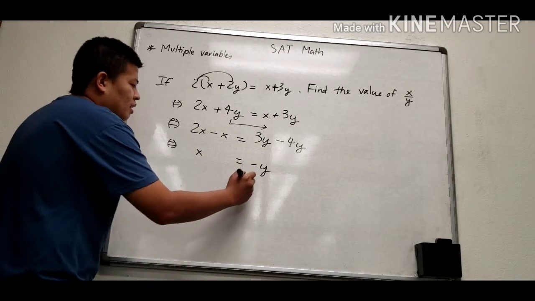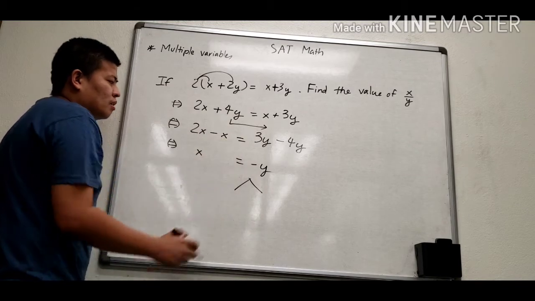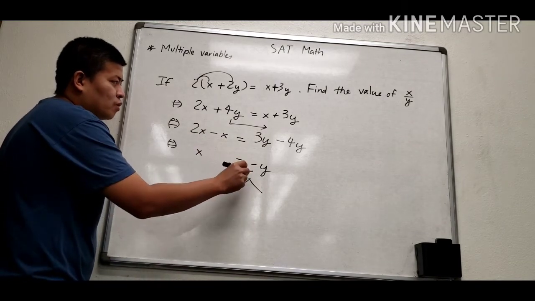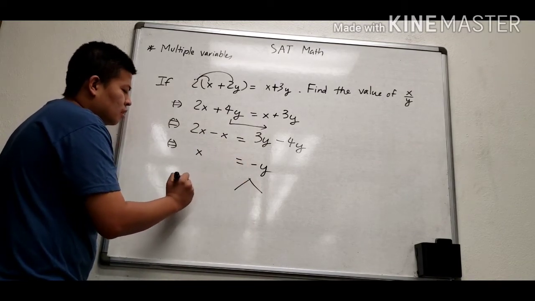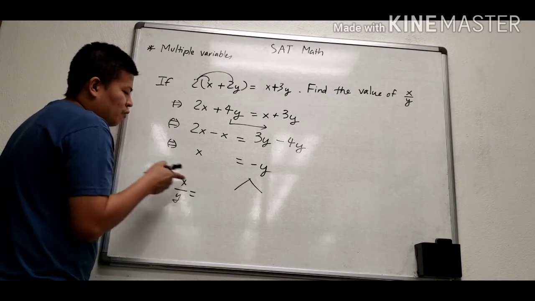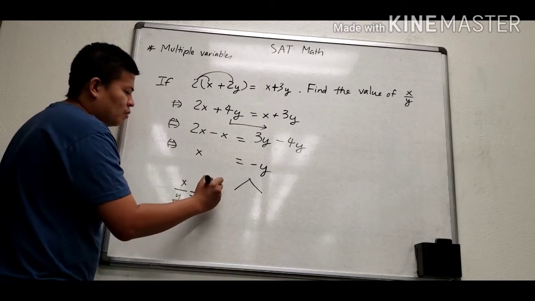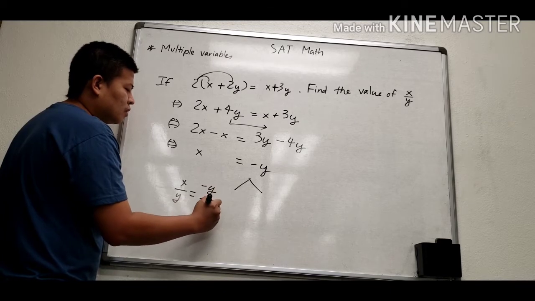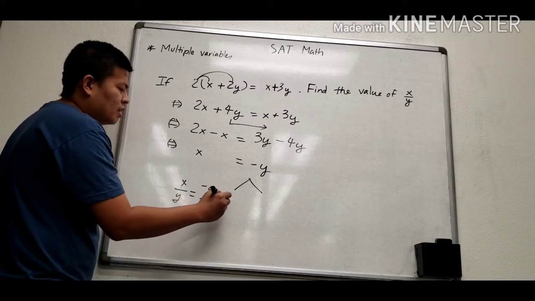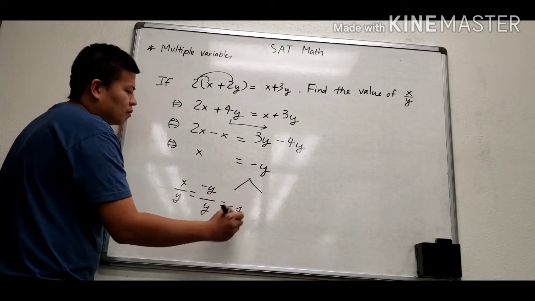There are two techniques. Technique number one, we get s over y equal to minus 1, so we can transform s into minus y in here. Y divided by y becomes minus 1.